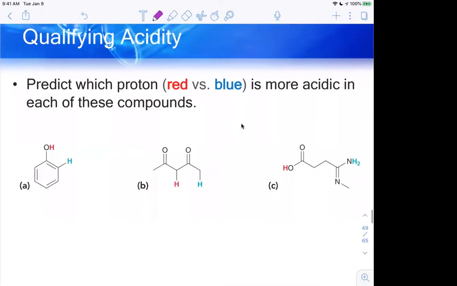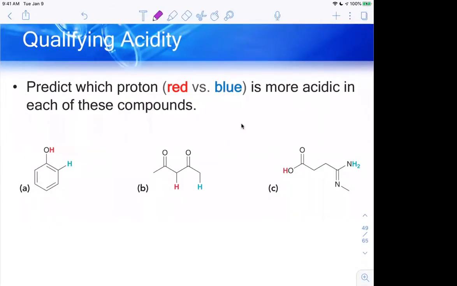So here's some examples. Predict which proton, the red or the blue, is more acidic in each of these compounds. So I'm going to look at this versus this. When I draw the conjugate base, what I'm going to look at is, is this more stable or is this more stable?